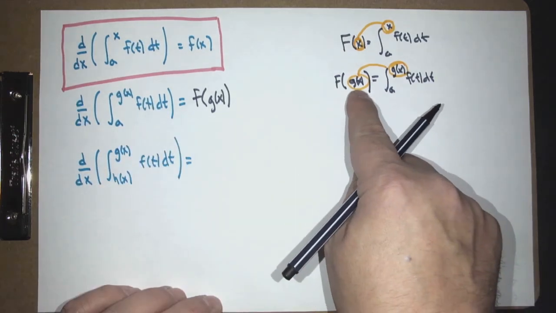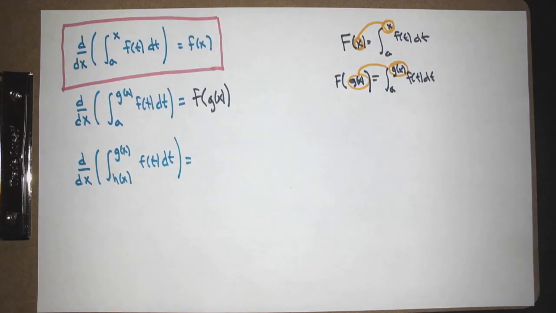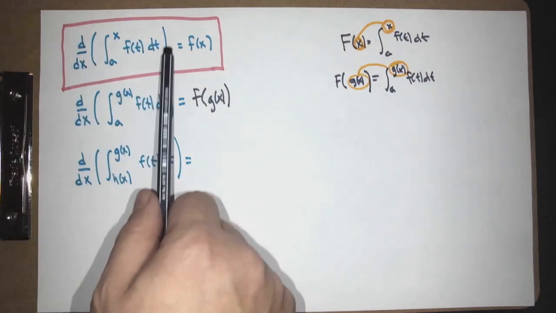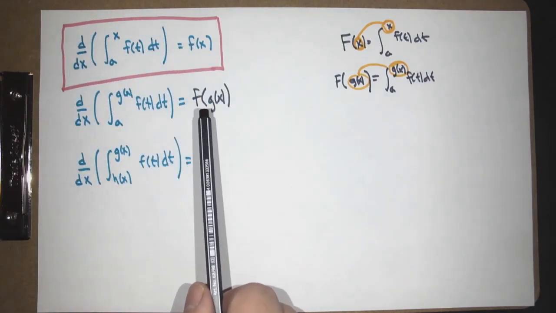We have a function in a function. Chain rule. It's the greatest rule. So the derivative, the chain rule says, take the derivative of the outside. This is the outside. Plug the inside in. So this is great.